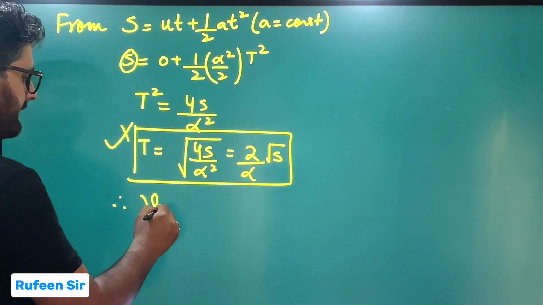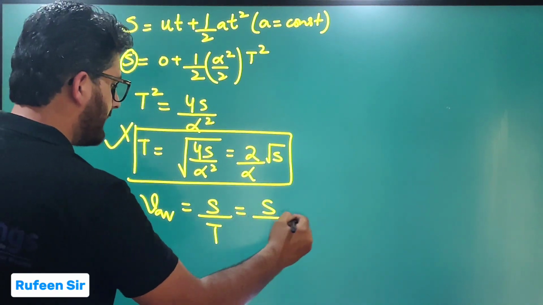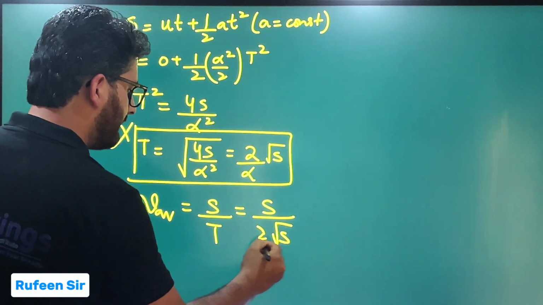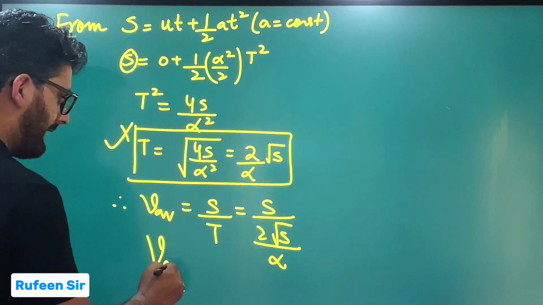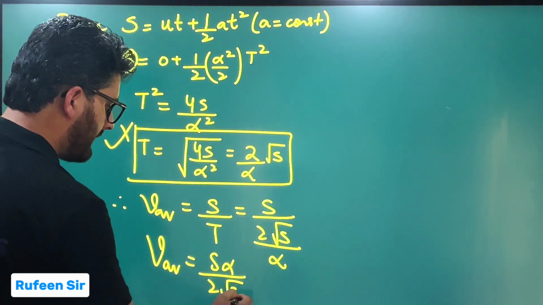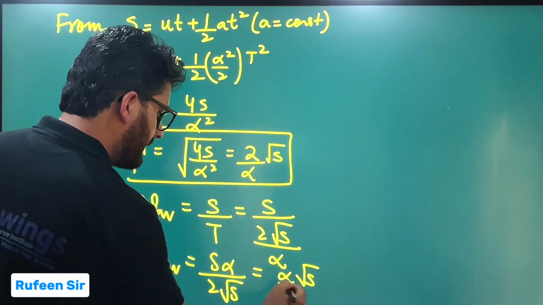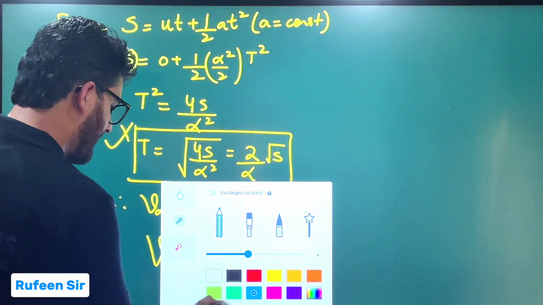Therefore, what will be V average? Total displacement is s. Total time we calculated as 2 root s by alpha. So how much will V average be? It will be s alpha divided by 2 root s, and the answer should be alpha root s divided by 2. It's as simple as that, buddy.